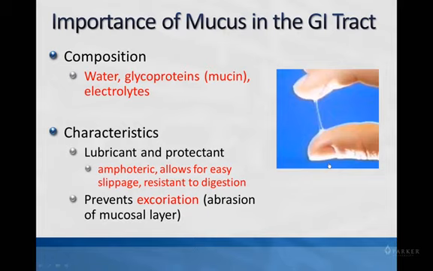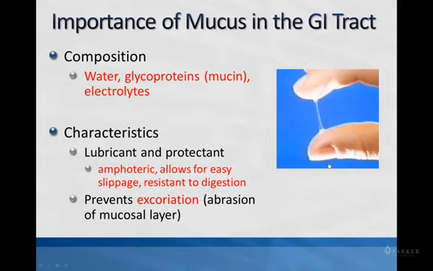It's a lubricant. It's a protectant. It is amphoteric. If you remember from biochemistry, amphoteric means that it can act as an acid or a base, so it's going to be kind of a buffer to some extent. It also allows things to move through the GI tract a little bit easier, allowing for easy slippage.